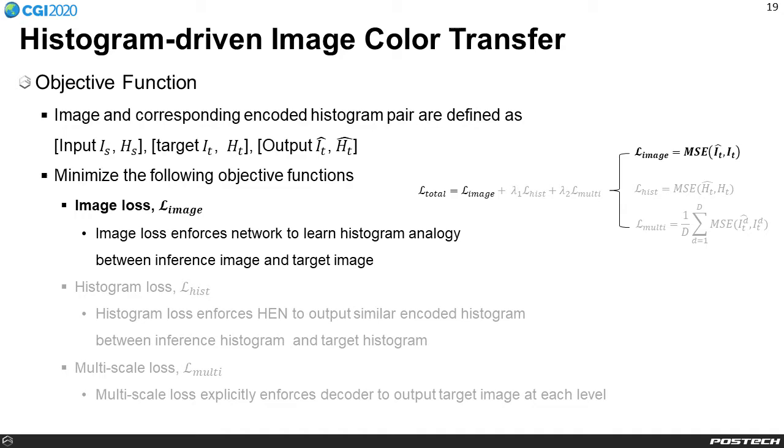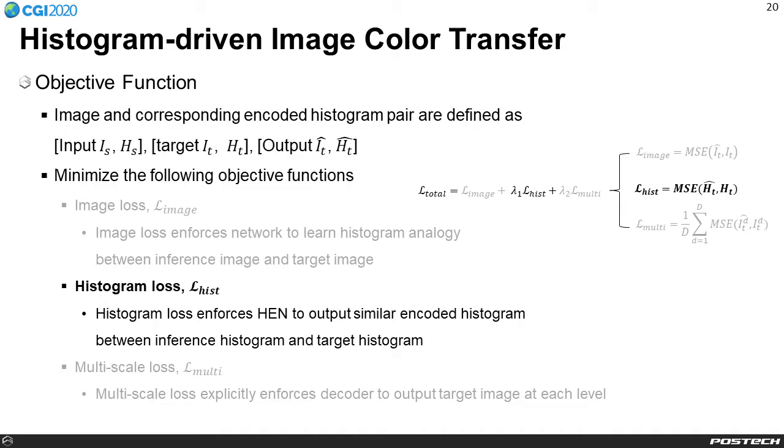We train the network to minimize three loss functions. The first is image loss, which enforces the network to learn histogram analogy between the predicted and ground truth target image. We use mean squared error, denoted as MSE, between the prediction and ground truth target image. The second is the histogram loss, which trains the network to produce an image with the same histogram as the target image.